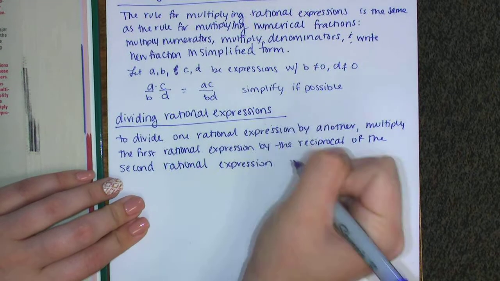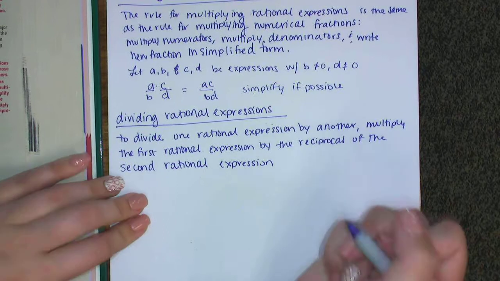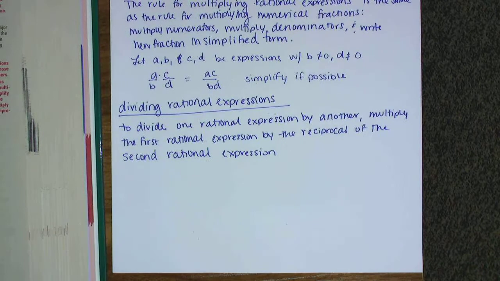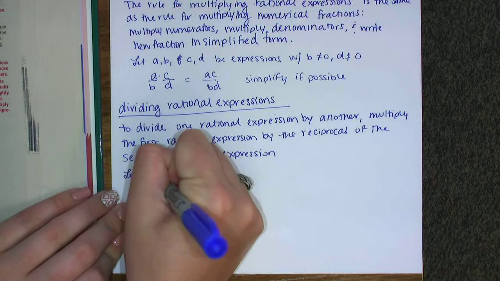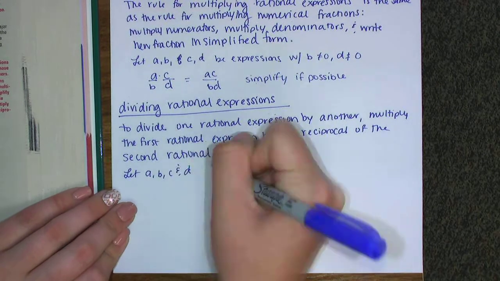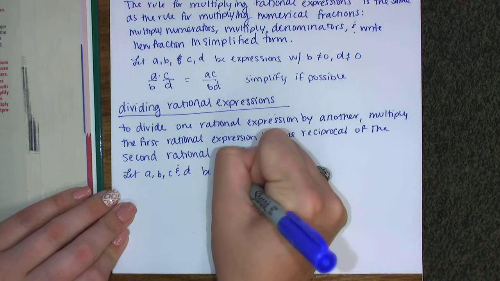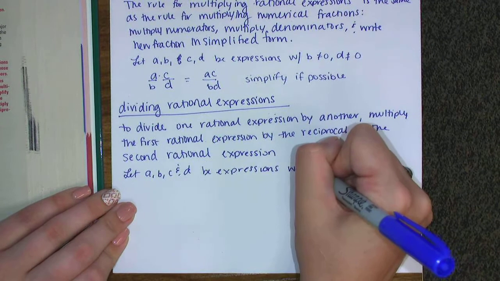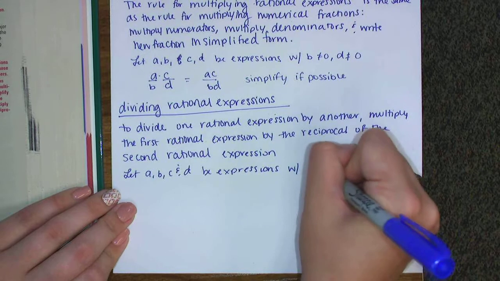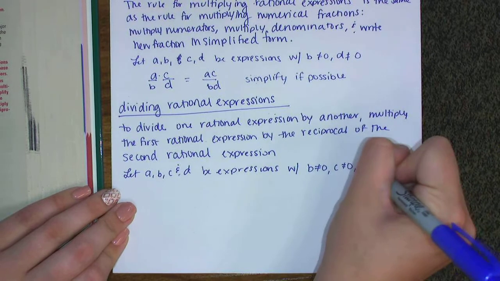So remember, we divide by a fraction, we multiply by the reciprocal. So again, let A, B, C, and D be expressions with B not equal to 0, C not equal to 0, and D not equal to 0.